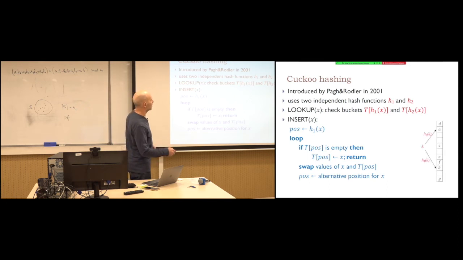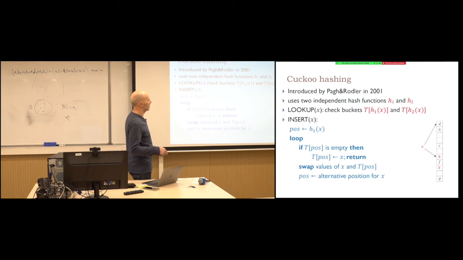I think I have even an illustration. This is an illustration of the process of insertion, which I think you understood. We assume we are inserting k, and both locations are occupied. So we try h1, we expel b and move b to the alternative location. Assume that the alternative location is, for example, here.